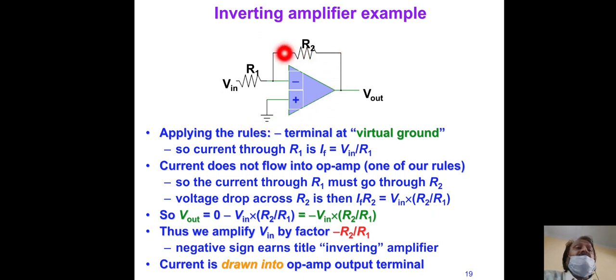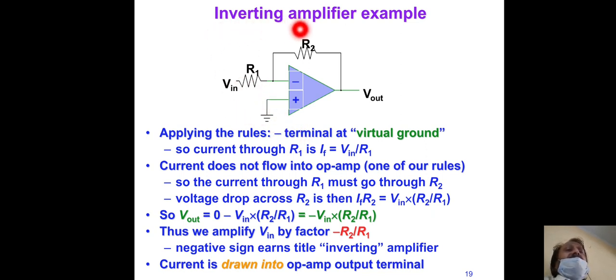The feedback is taken through R2, which is negative feedback, because the output is connected to the negative input terminal. The positive terminal is grounded. We apply the input voltage to the negative terminal, the inverting terminal. So it is the inverting amplifier, a negative feedback inverting amplifier.